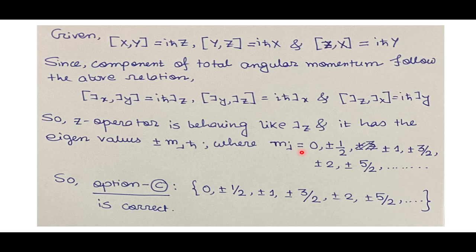It is possible for spin half, spin 1, anything, right? Not only spin half. So the possible answer is option C. By that analogy, it should be analogous to the z component of the J vector. Is it okay? Is it clear?